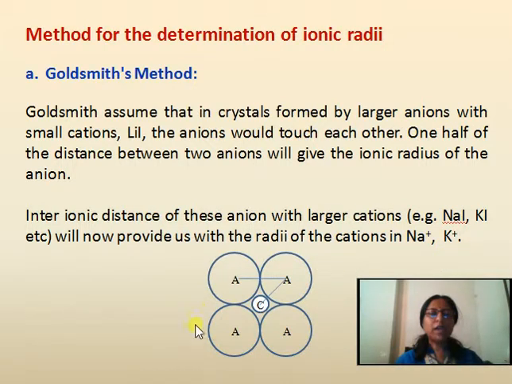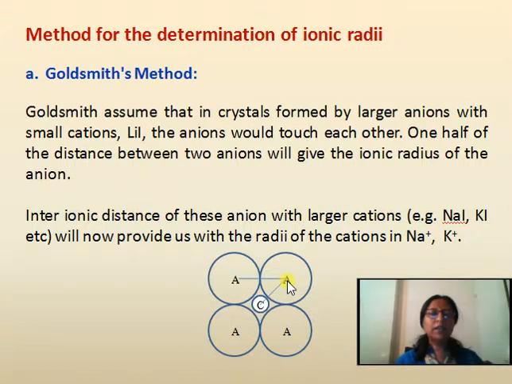Here you see I have shown pictorially two large anions, they touch each other, and this distance, if we divide it by 2, will give us the value for the ionic radii of the anion.